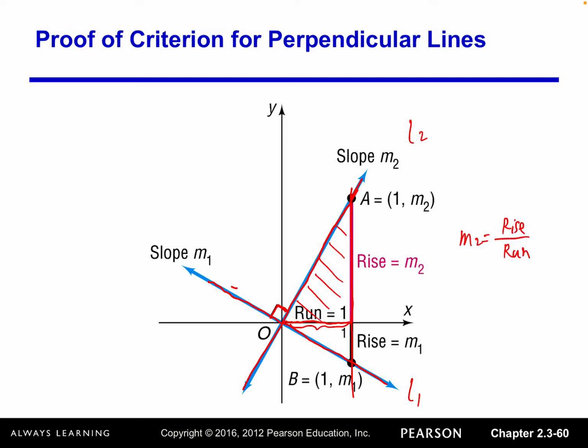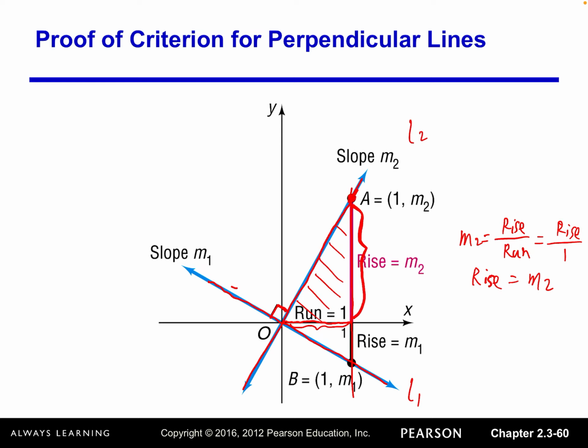Where run equals 1, that's how we graph it. So run over to 1 simplifies to rise over 1. Therefore, the rise is the same as M2, so this distance is the same value as M2.